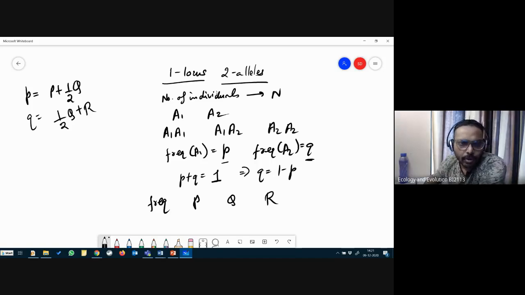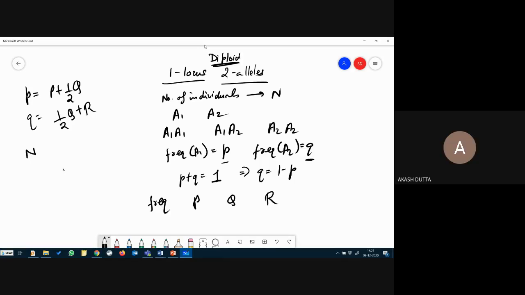So think about it. We're talking about one locus, two alleles, so we have a diploid individual case here, right? Now I said that there are n individuals in the population.